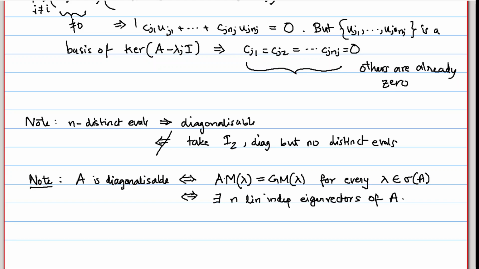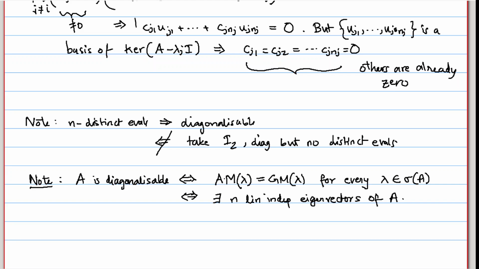So if there is, say, an eigenvalue 2 which has algebraic multiplicity 2, then corresponding to that eigenvalue 2 you should have two eigenvectors. Only then will A be diagonalizable.